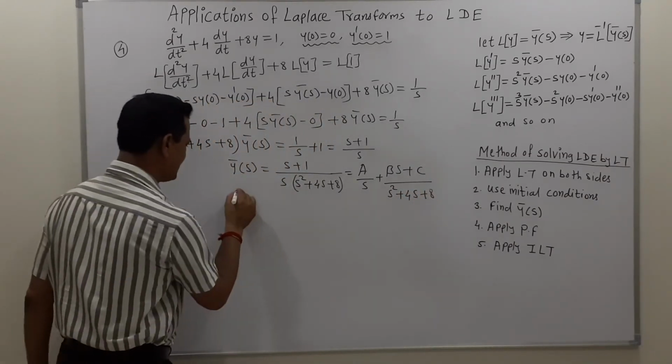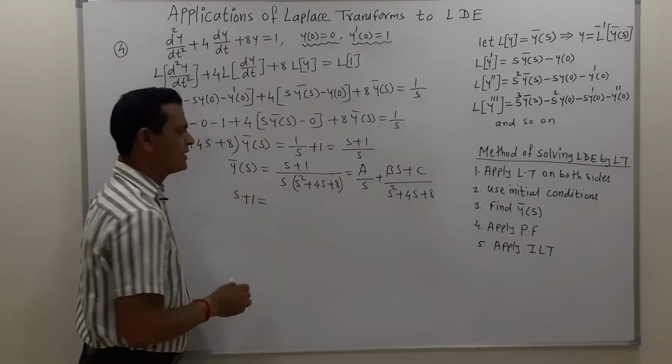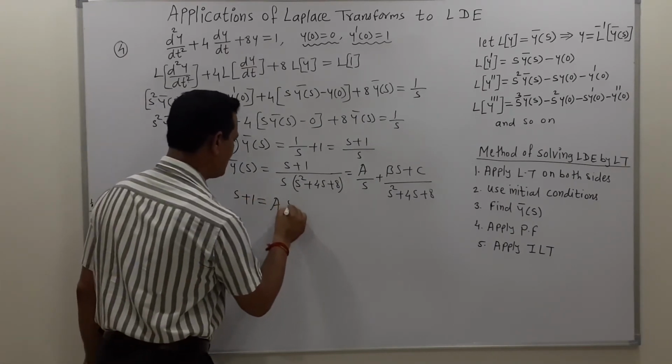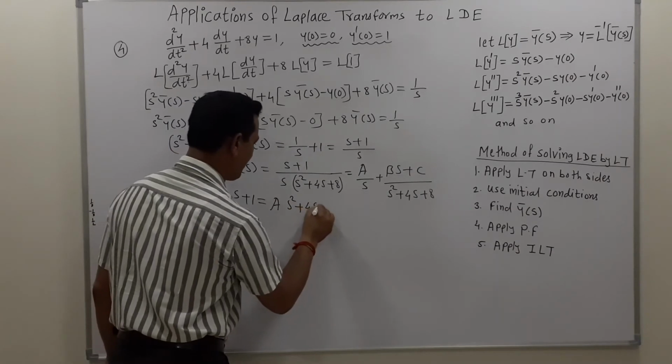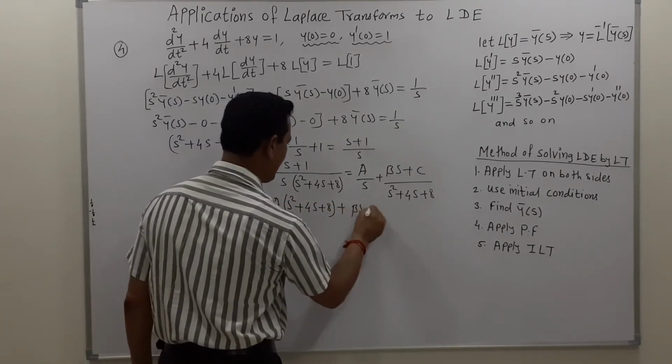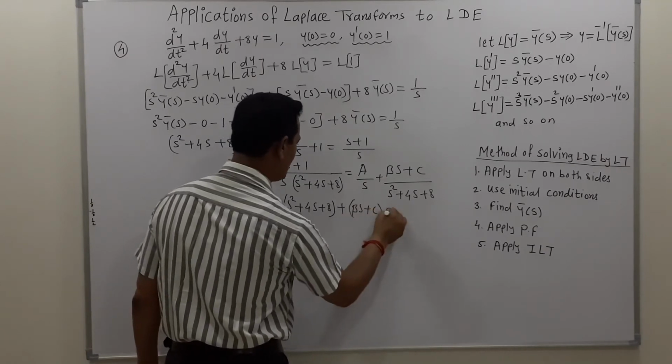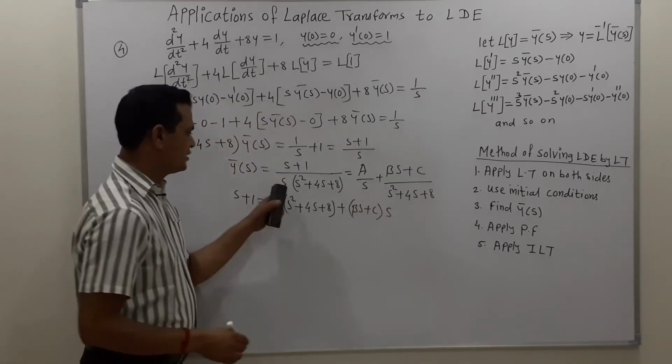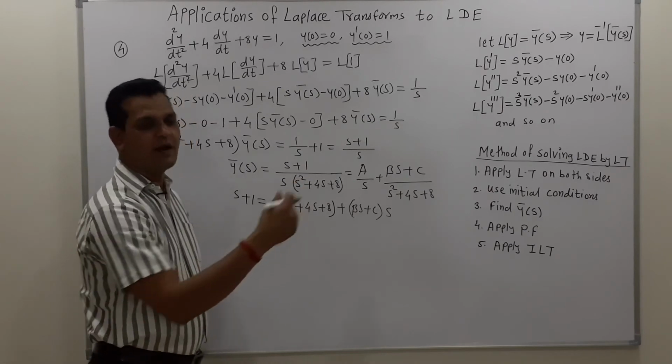Now simplify, this is a very simple example. s plus 1 is equal to a into s square plus 4s plus 8 plus bs plus c into s, after taking the denominator to the right side.